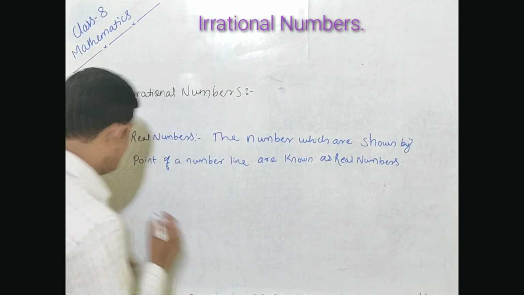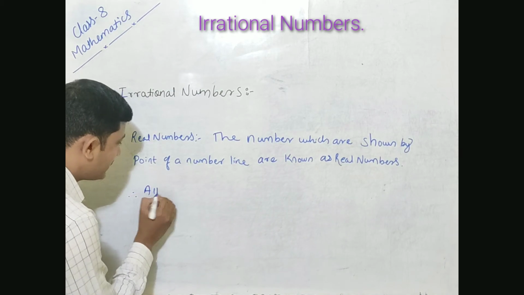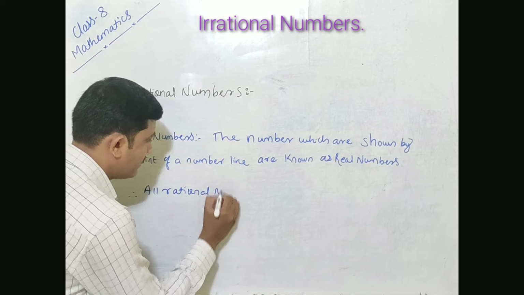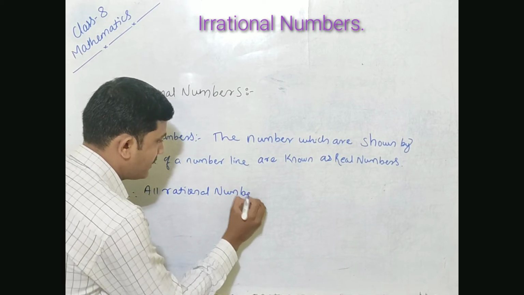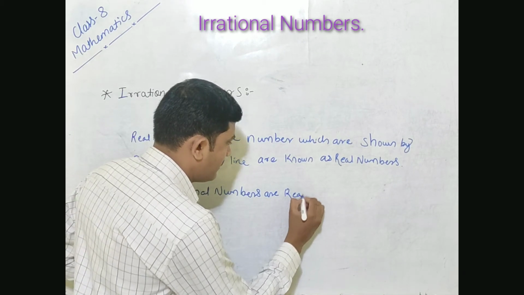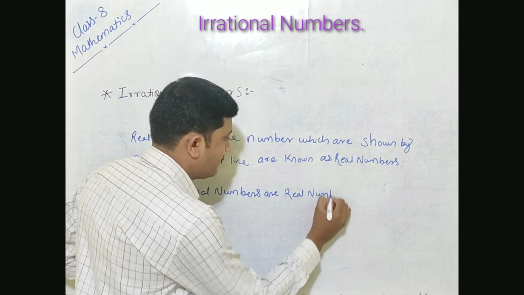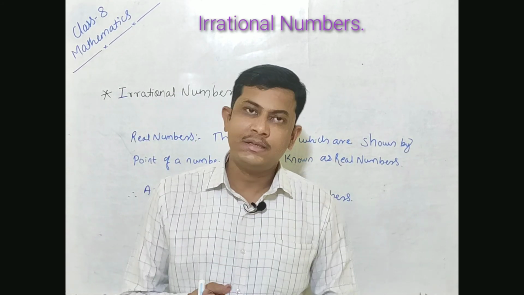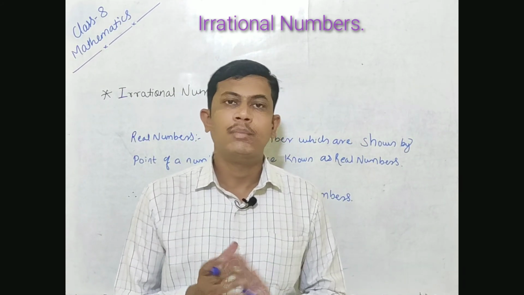Therefore all rational numbers are real numbers. And there are infinitely many irrational numbers too on the number line.